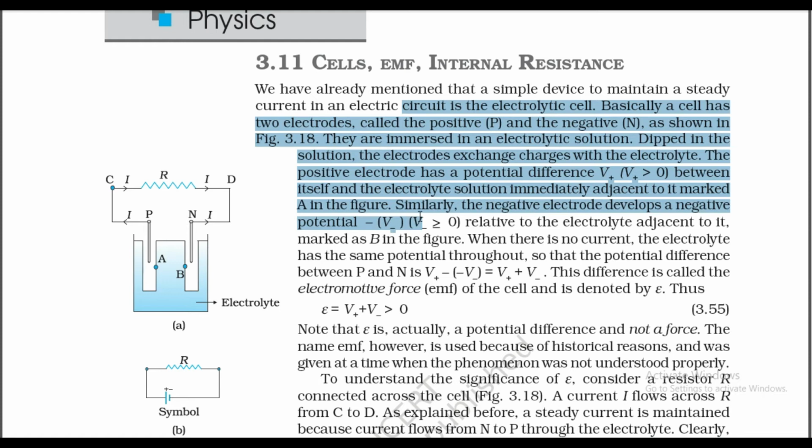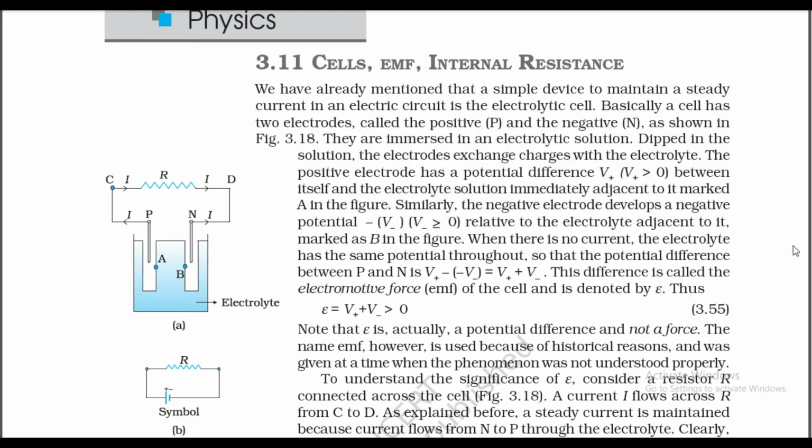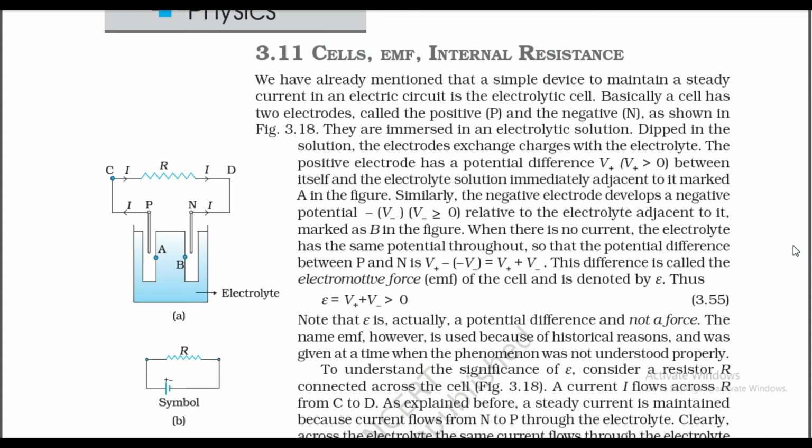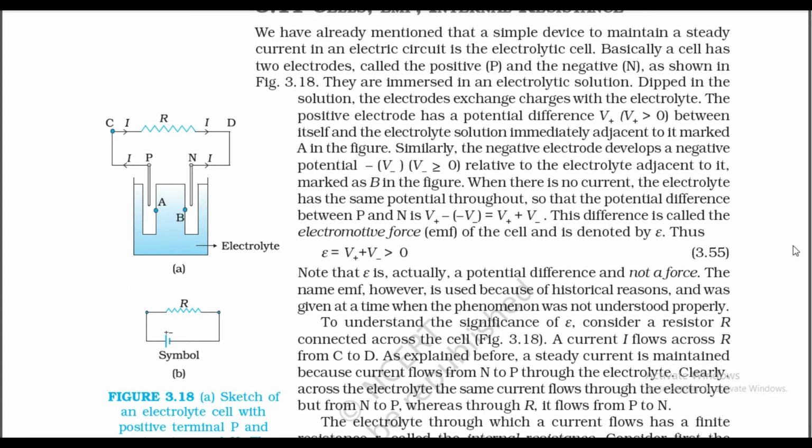Similarly, the negative electrode develops a negative potential minus V minus, with V minus greater than 0, relative to the electrolyte adjacent to it, marked as B in the figure. When there is no current, the electrolyte has the same potential throughout, so that the potential difference between P and N is V plus minus of minus V minus, which is equal to V plus plus V minus.